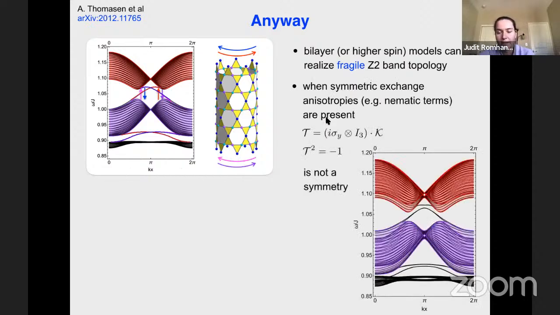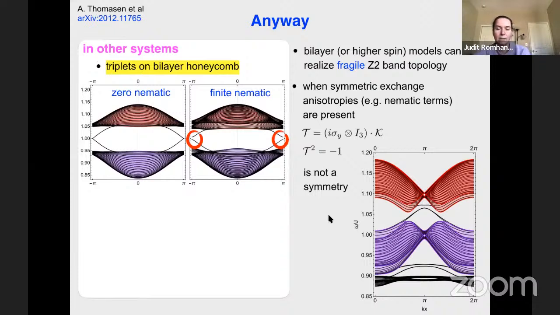But whenever symmetric exchange anisotropies are allowed by the symmetry of this system and they are present, then they will actually break this pseudo-TR operator that can protect the Z2 topology. And this can be present in other systems as well. Say, for example, if we had triplets on a bilayer honeycomb lattice, then this is what the spectrum would look like for zero nematic interactions.